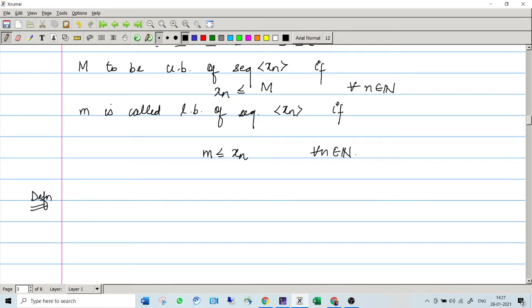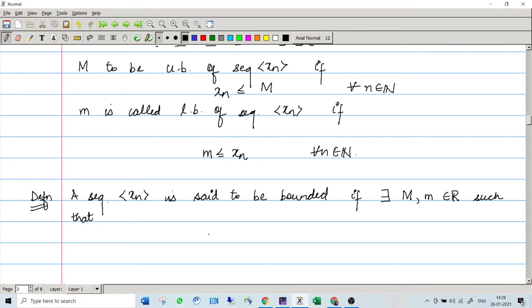So a definition: a sequence, let's say xn, is said to be bounded if there exist numbers m and M in the real numbers such that xn is bounded above, meaning xn has an upper bound, and xn has a lower bound as well, and this should be true for every n in N. If you are able to find these numbers m and M, then xn is said to be bounded.